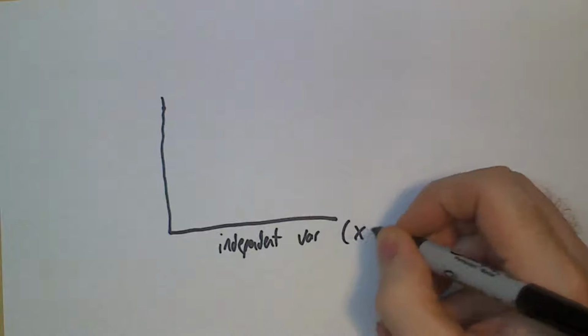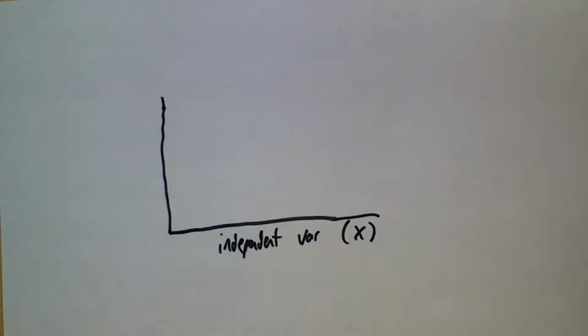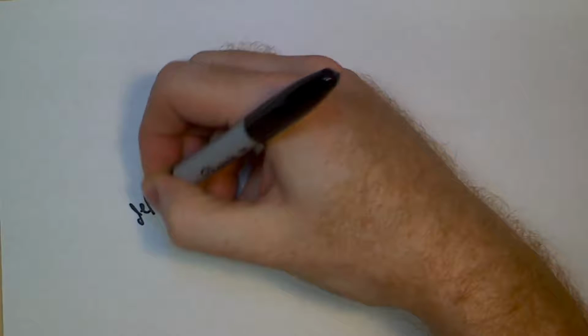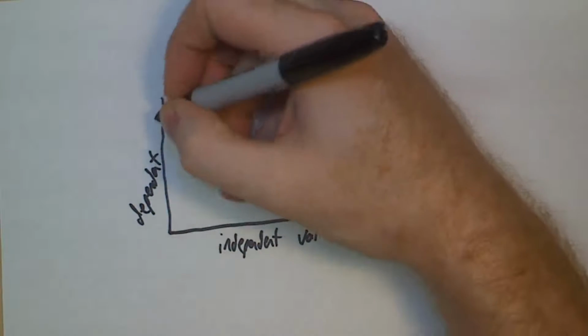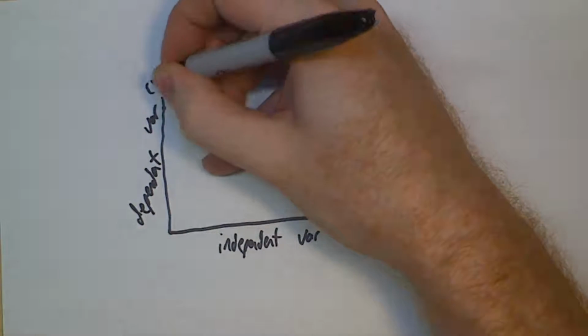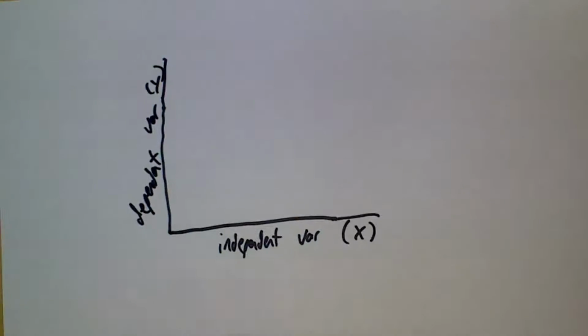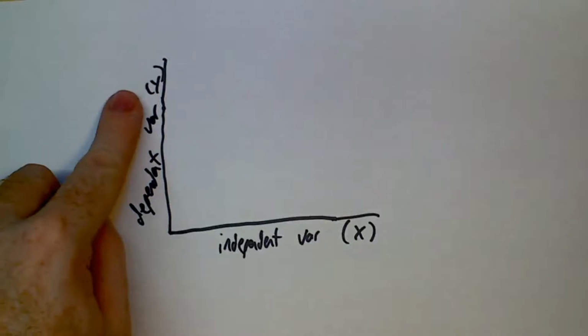And then the dependent variable, which is the thing that we measure, goes on the y-axis. So remember, independent is what we manipulate, and it goes on the x-axis. Dependent is what we measure, and it goes on the y.